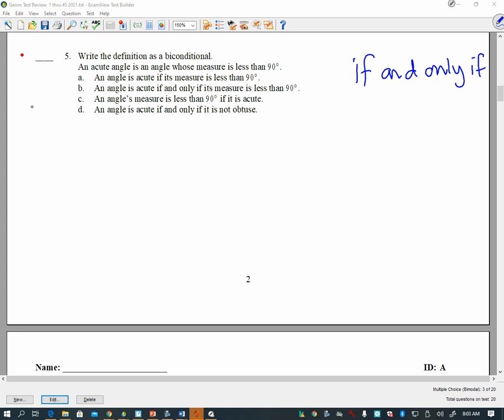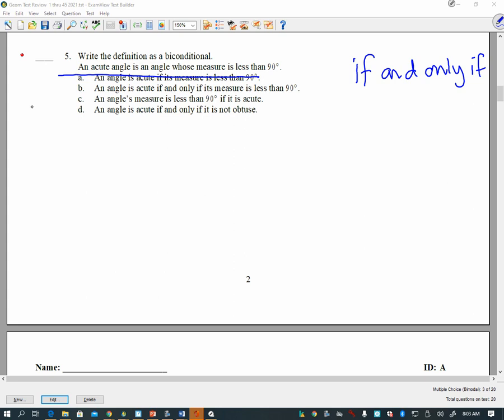That's the statement we want the biconditional of. A: an angle is acute if its measure is less than 90 degrees. Is that a true statement? Yes. Is it a biconditional statement? No.